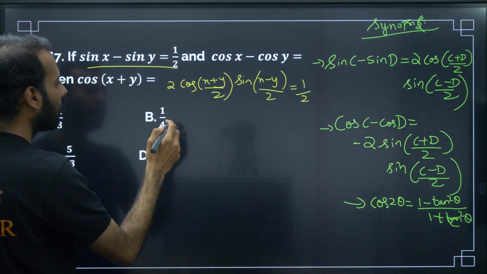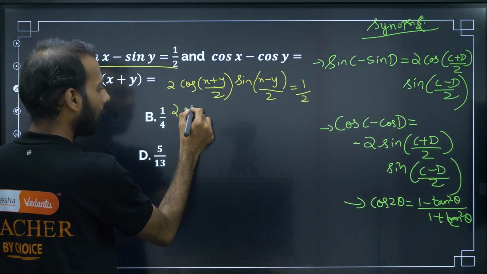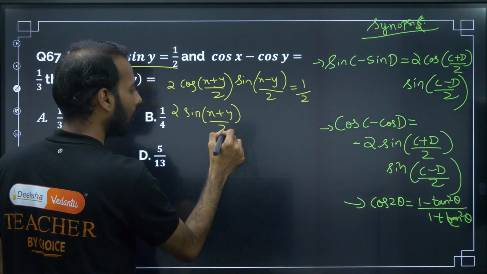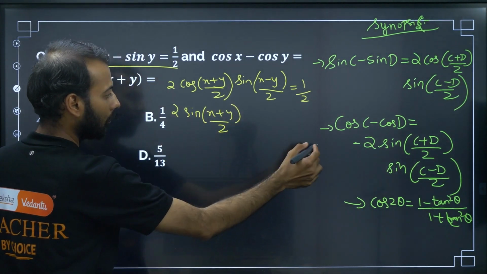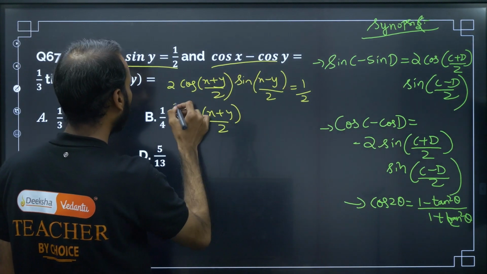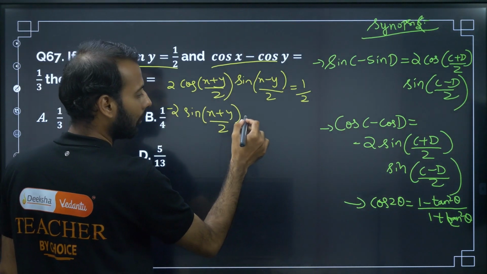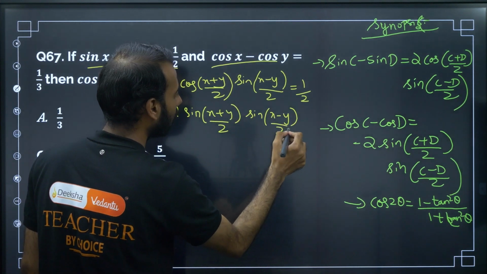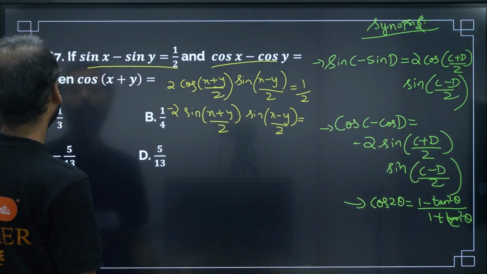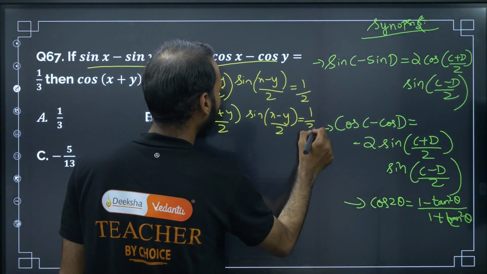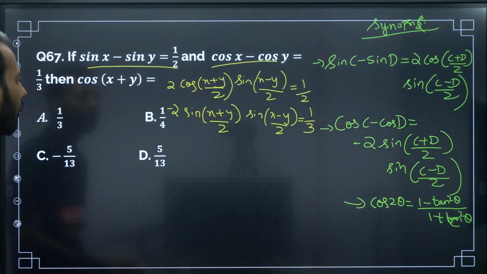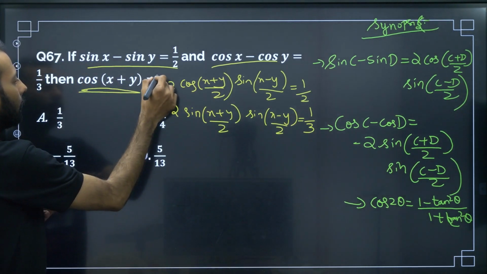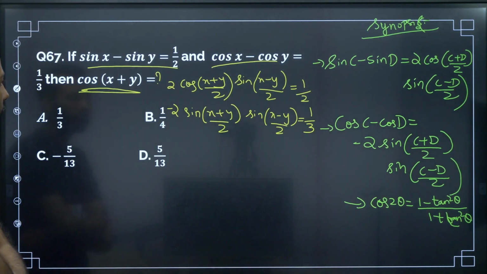Next, cos x minus cos y: minus 2 sin of x plus y by 2 times sin of x minus y by 2 is equal to 1 by 3. Now, what are they asking to find?